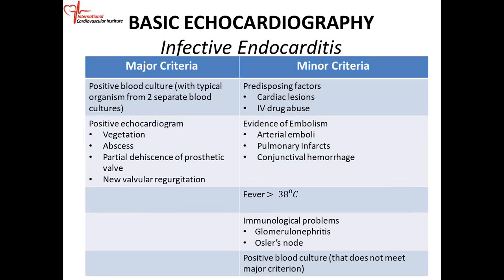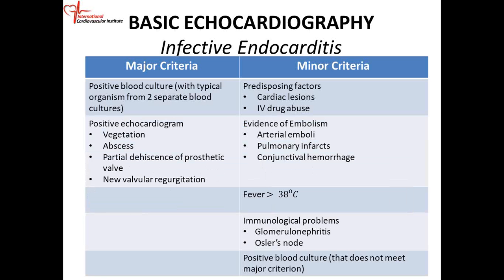So predisposing factors. So previous cardiac lesions such as rheumatic or a bicuspid aortic valve, something like that. If the patient is an intravenous drug abuser, that's also a predisposing factor, one of the minor criteria.